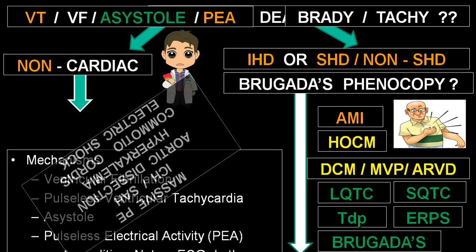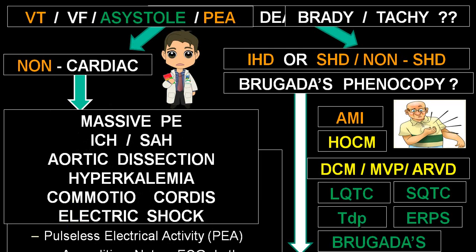Non-cardiac groups will be massive pulmonary embolism, intracranial hemorrhage, subarachnoid hemorrhage, aortic dissection, hyperkalemia, commotio cordis, electric shock, or what we call electrocution. All these conditions can end up with VT, VF, asystole, or pulseless electrical activity, and can be a cause for sudden cardiac death.